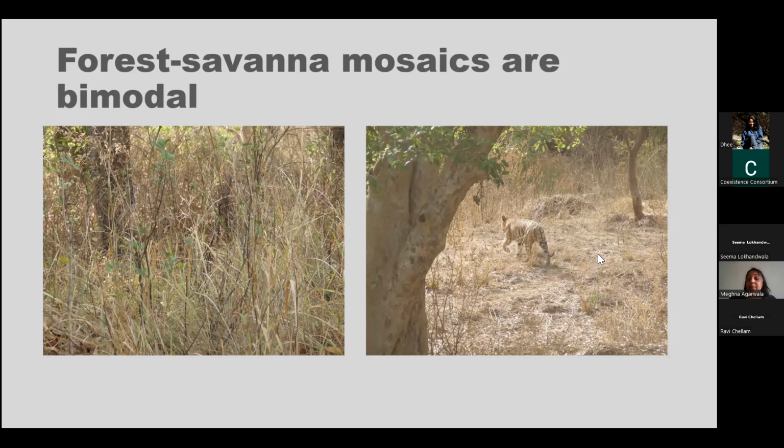Okay, so basically, one advantage that a forest savanna mosaic has is that it has a lot more grasses, right? And most mega herbivores do depend on grass a lot for their nutrition. Humans are also mega herbivores, and the major component of our diet is a grass, cereal, right? So when you have more grasses, you can support more mega herbivore biomass, which then supports more carnivores.